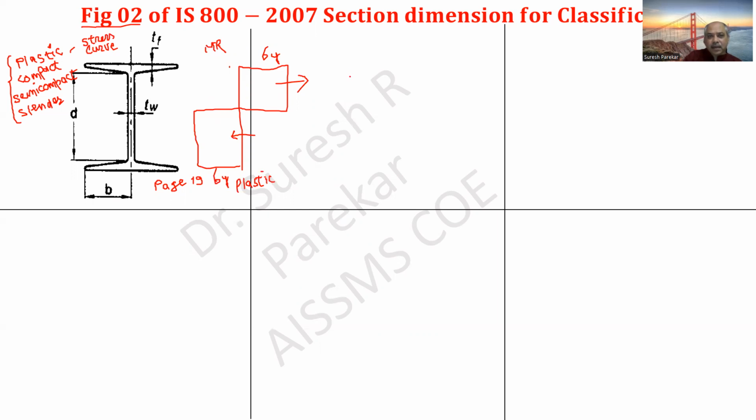Then what is compact? Partly the fibers are at sigma y, and partly they are less than sigma y. So in this portion you have the value sigma y, and then it reduces, becoming 0 over here. This is compact. What is semi-compact?